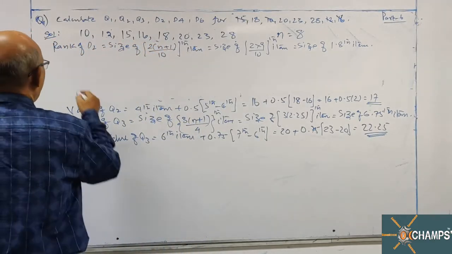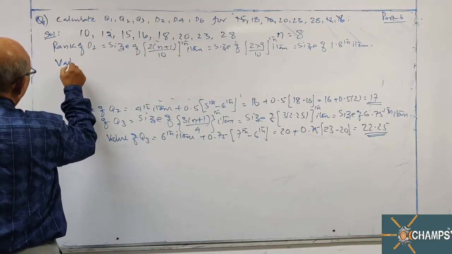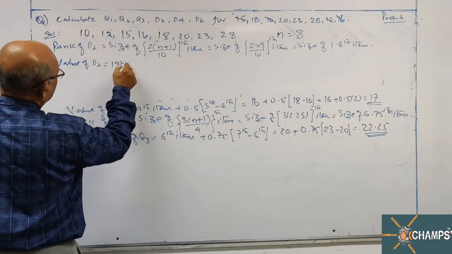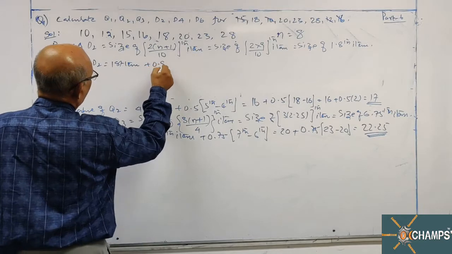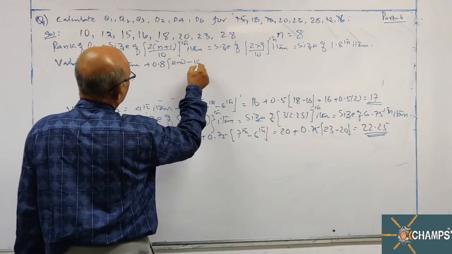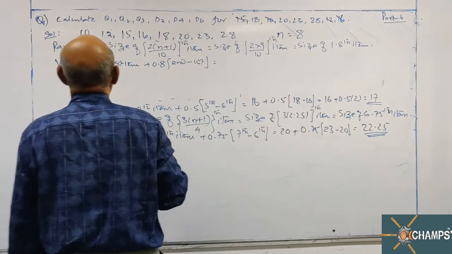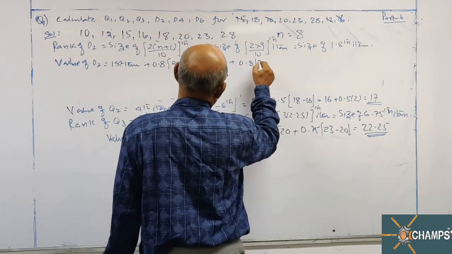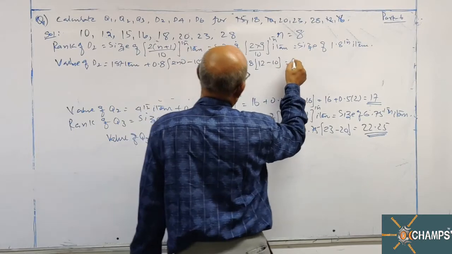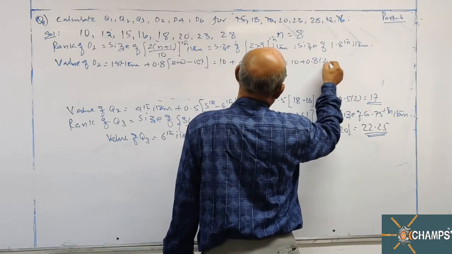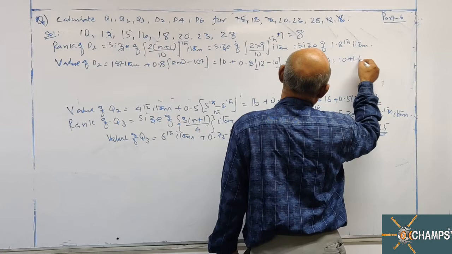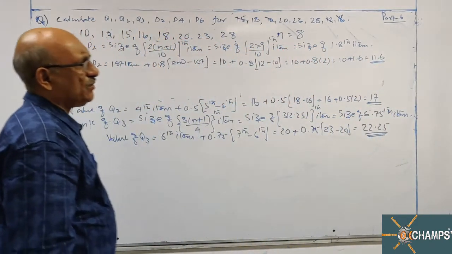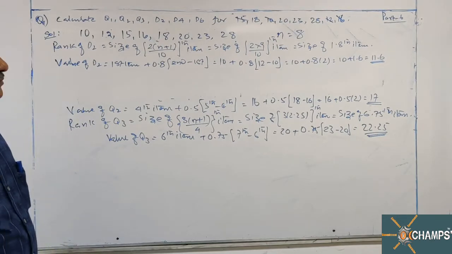Then let us go for its value. Value of D2 is equal to first item plus 0.8 into (second minus first). First item is 10. 0.8 into (second minus first). 10 plus 0.8 into 2. 10 plus 1.6, 11.6. Value of D2 is equal to 11.6.